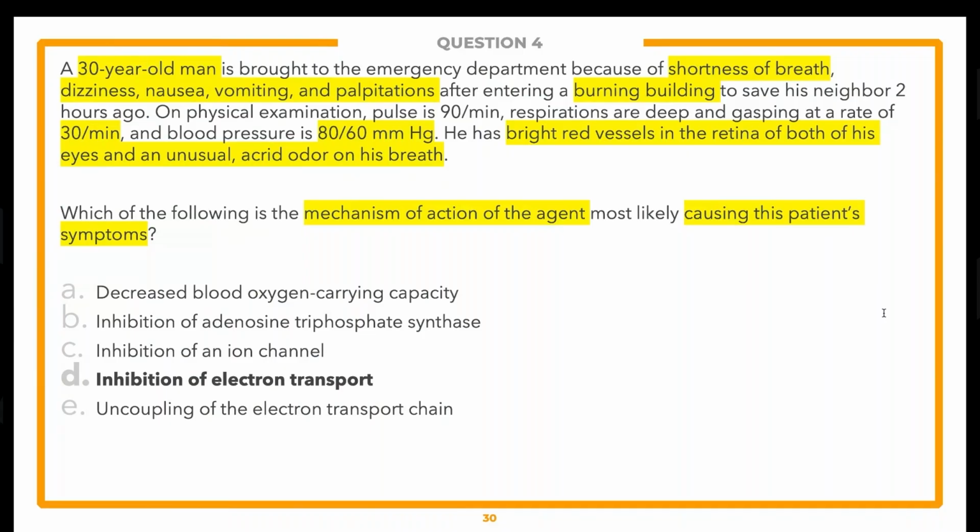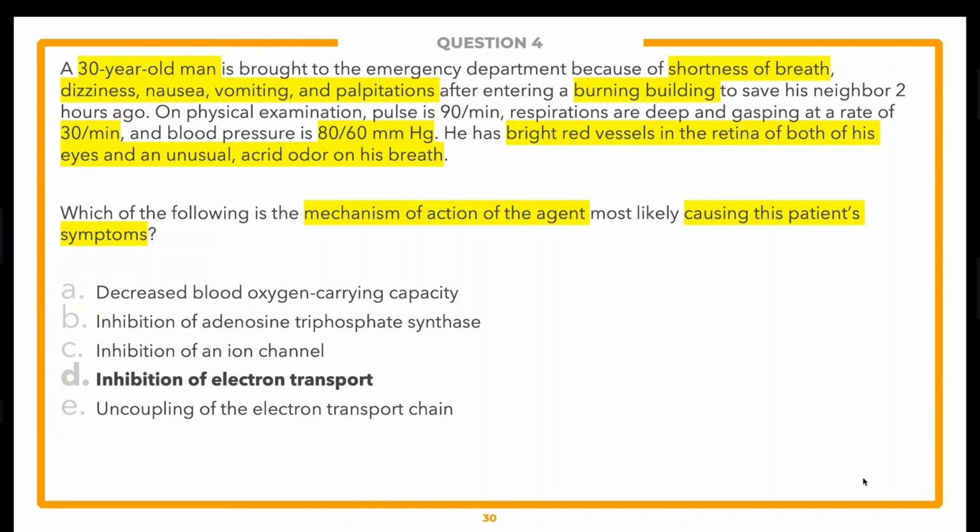The idea is that it uncouples the electron transport chain, therefore it inhibits the ATP generation. So you just run this electron transport chain consuming energy without creating ATP. The idea was that you would burn more calories that way. But then a lot of complications came from that, so we don't use that agent anymore.